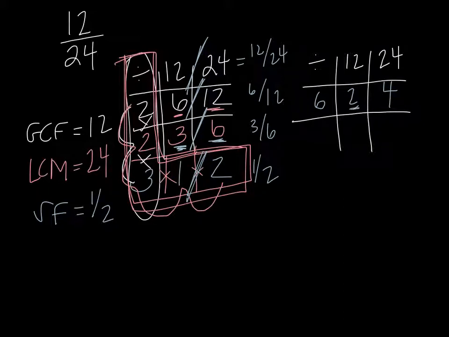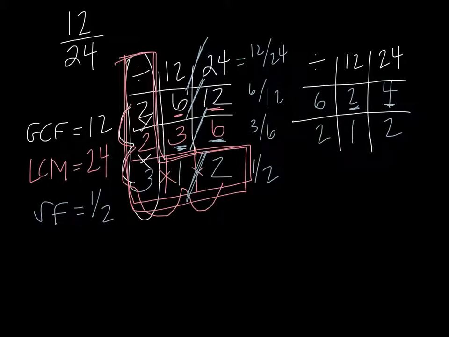Now I'm looking at the numbers 2 and 4. What is a number that will evenly divide 2 that will also evenly divide 4? Well, the only numbers that make 2 are 1 times 2. So I know that 2 could divide 2 and 4. 2 divided by 2 is 1. 4 divided by 2 is 2. And I see a 1, which means I must be done.